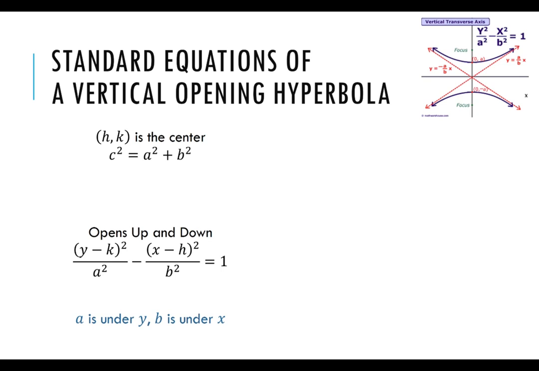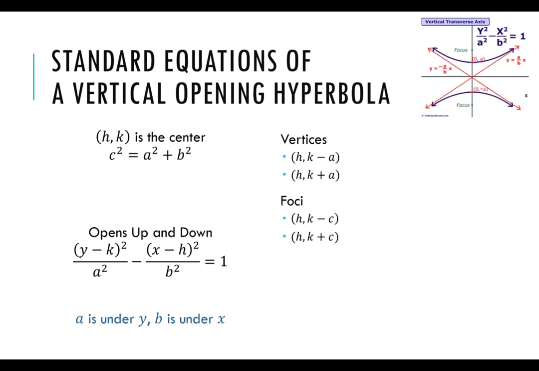Now, what in the world am I talking about? Short version is this. Whatever is being subtracted, that's not your transverse axis. And so here we have y minus k quantity squared over a squared minus the x stuff. And so this is a vertical transverse axis. Let's run through all of our stuff. Our vertices are going to be shift up a distance of a and down a distance of a.